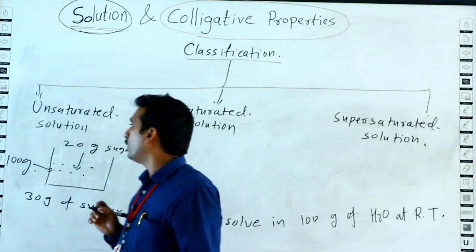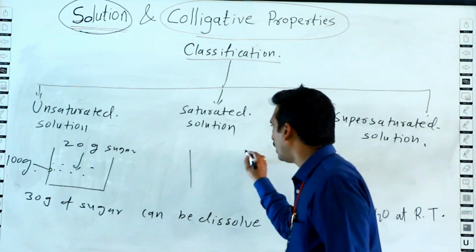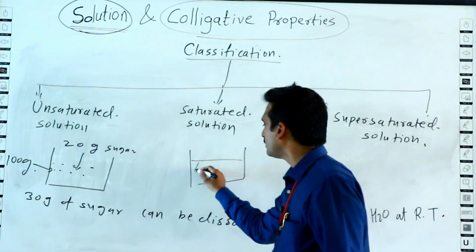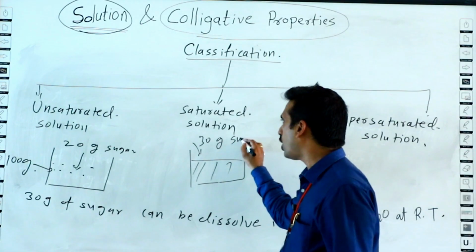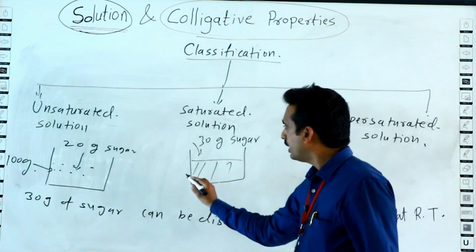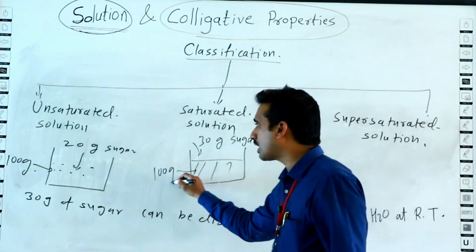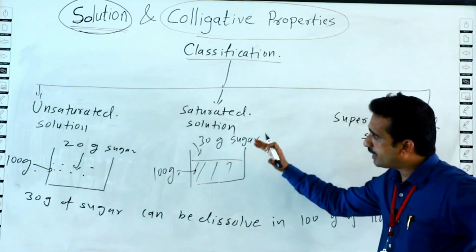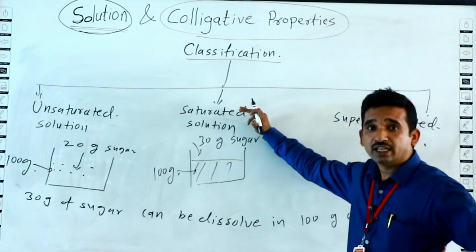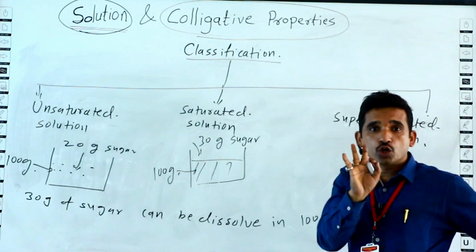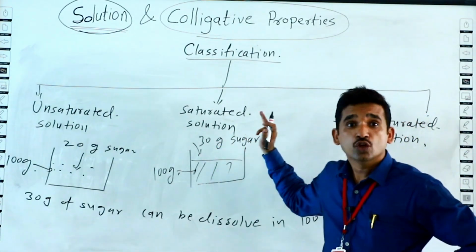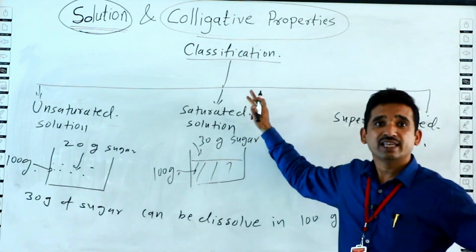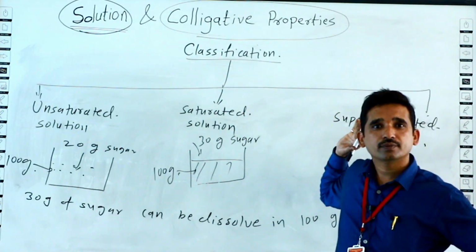If we add all 30 gram of sugar in 100 gram of water, then there is a formation of a saturated solution. No extra sugar can be added to this solution, so it is called a saturated solution.